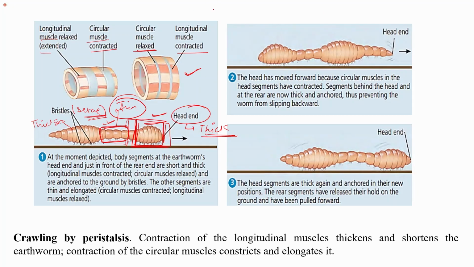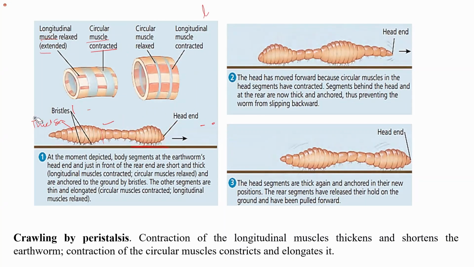So basically what happened is that initially at the head end, this situation happened. Let me use the eraser first. So basically when the movement takes place, at the head end, longitudinal muscles are contracting and circular muscles are undergoing relaxation, resulting in the thickening of the area.